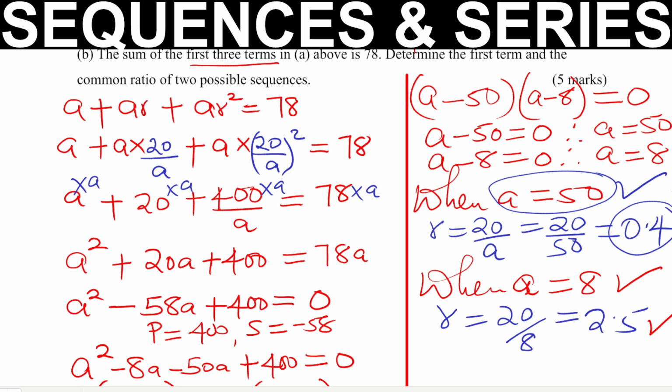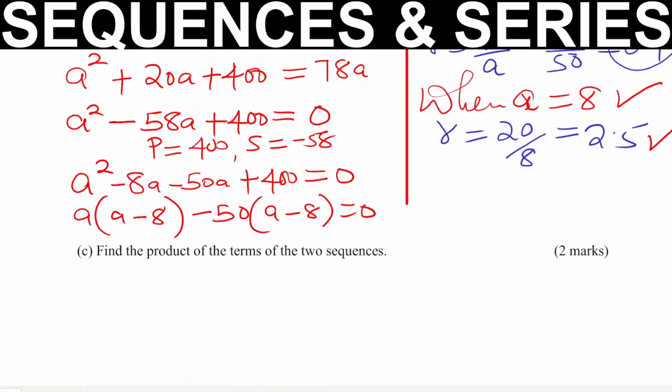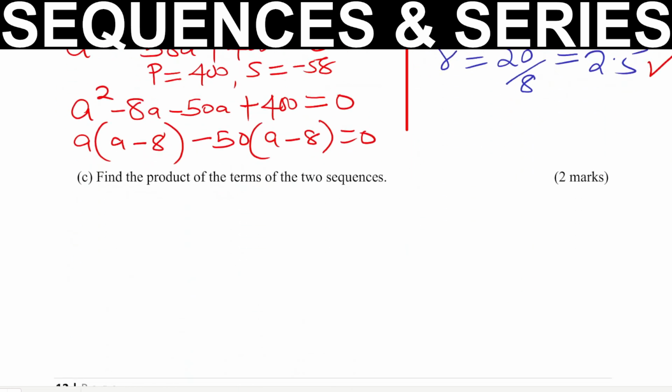So we have already determined the first term and the common ratio of the two possible sequences. So when A is 50, R is 0.4. When A is 8, R is 2.5. We are done with that part. So part C, find the product of the terms of the two sequences.